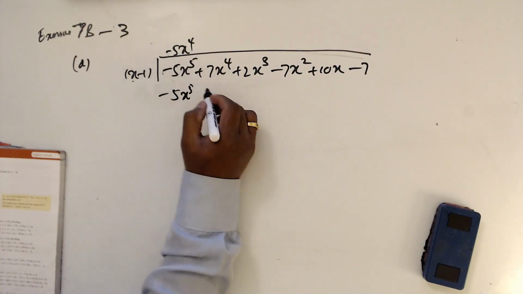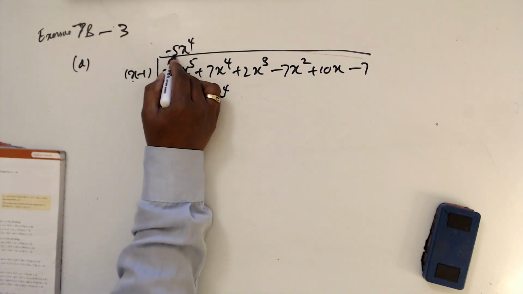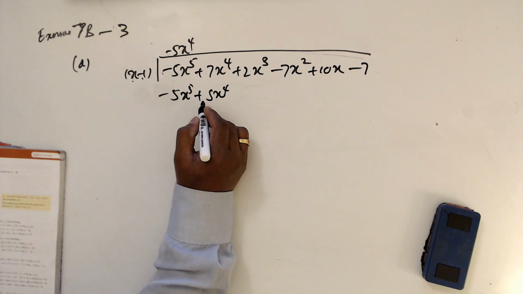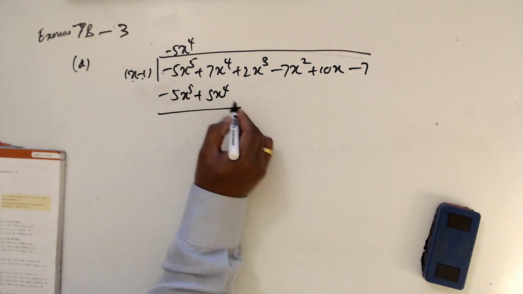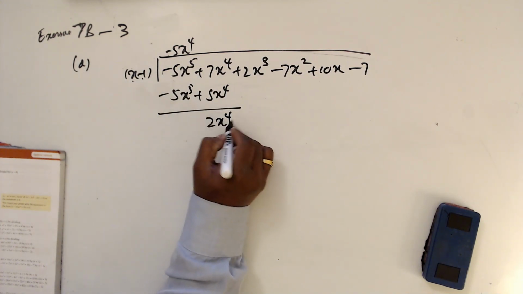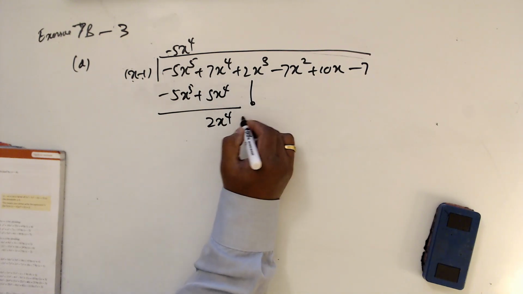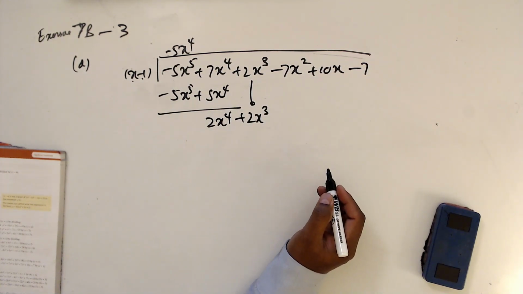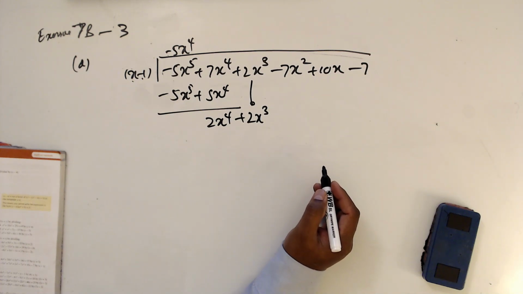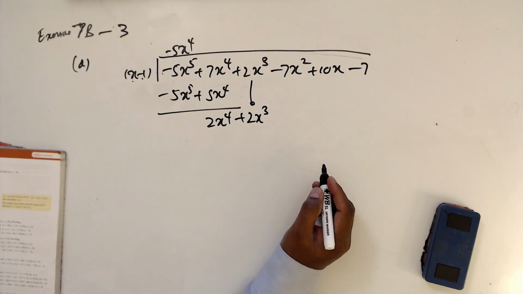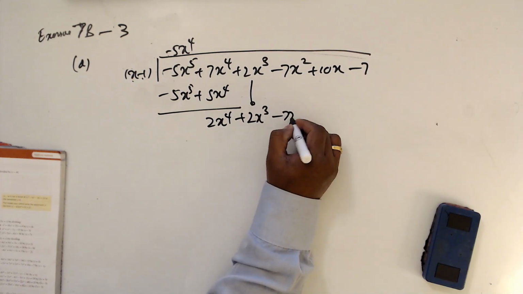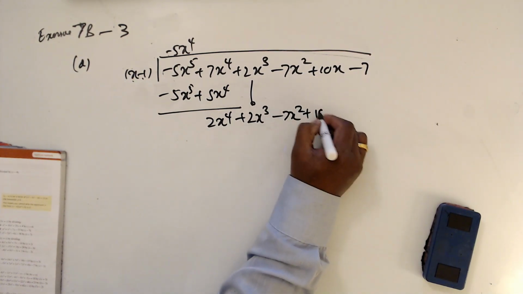This is 5x to the power 4, 5 times 1, and minus times minus is plus. So this is going to be 2x to the power 4. Bring this one down, 2x cubed, and bring the others down as well.